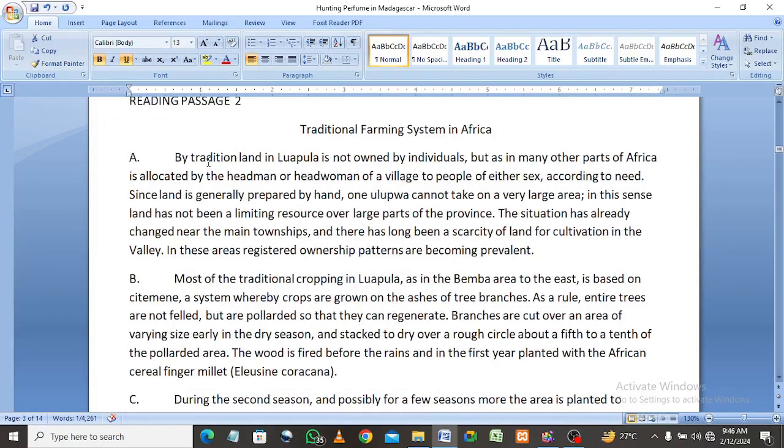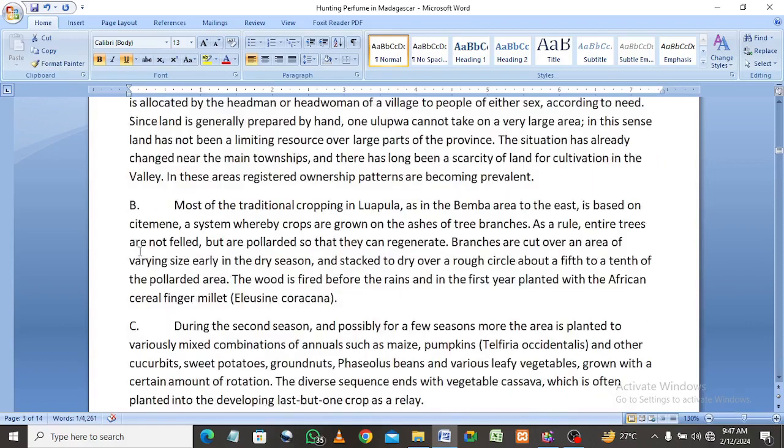As usual, you check line by line. We are looking for people, animal, cultivate, land. Okay, it's not in paragraph A. Let's check paragraph B. Check line by line.